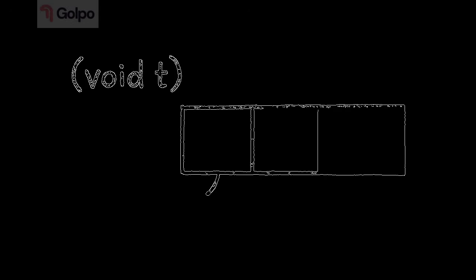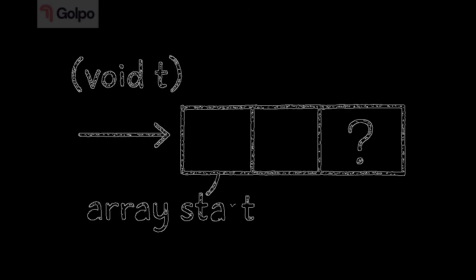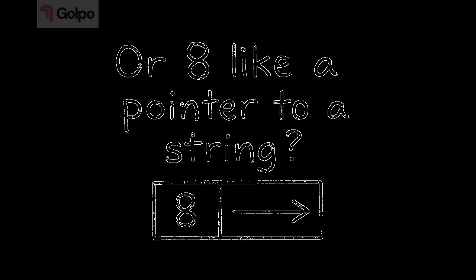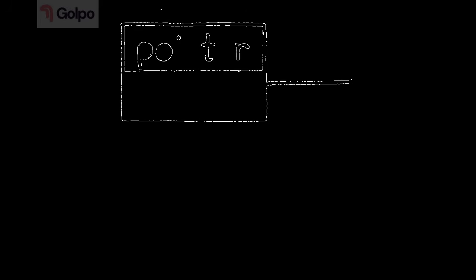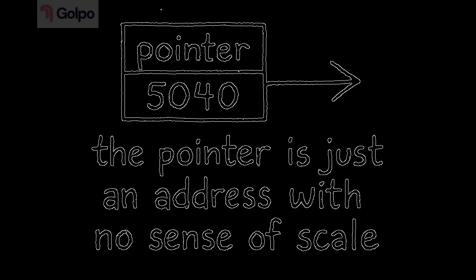It knows the address of the array's start, but because it's a void pointer, it has no idea how many bytes to jump to get from one element to the next. Is an element 4 bytes, like an integer, or 8, like a pointer to a string? Without knowing the type, the pointer is just an address with no sense of scale.